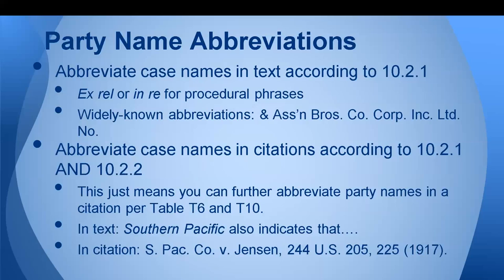The goal here is readability. You want to keep your citation sentences and clauses short so that they don't detract too much from your writing. There are 8 listed abbreviations that you can use for names of entities, such as CO for company. Make sure you check Rule 10.2.1 for the list before you start abbreviating.